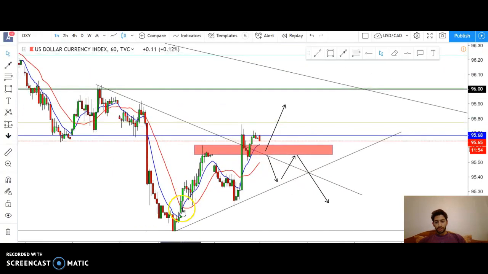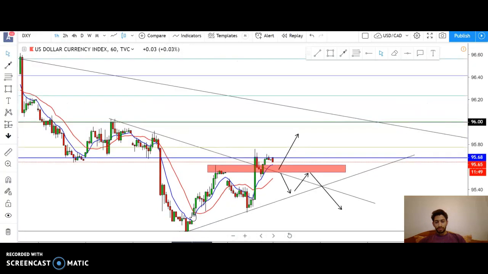As we can see here, that's a bearish Marubozu. That would be my main confluence here. And then obviously this one going up, retesting that area and going higher.